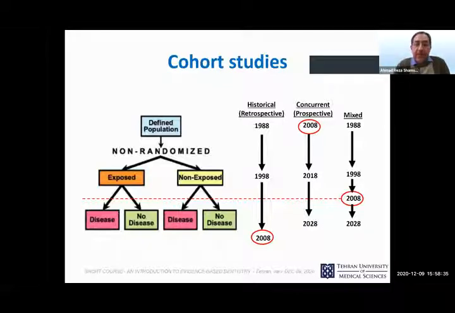One of them is historical cohort studies, sometimes named retrospective. It means that the researcher gets the exposure history and outcomes from the patients' records.